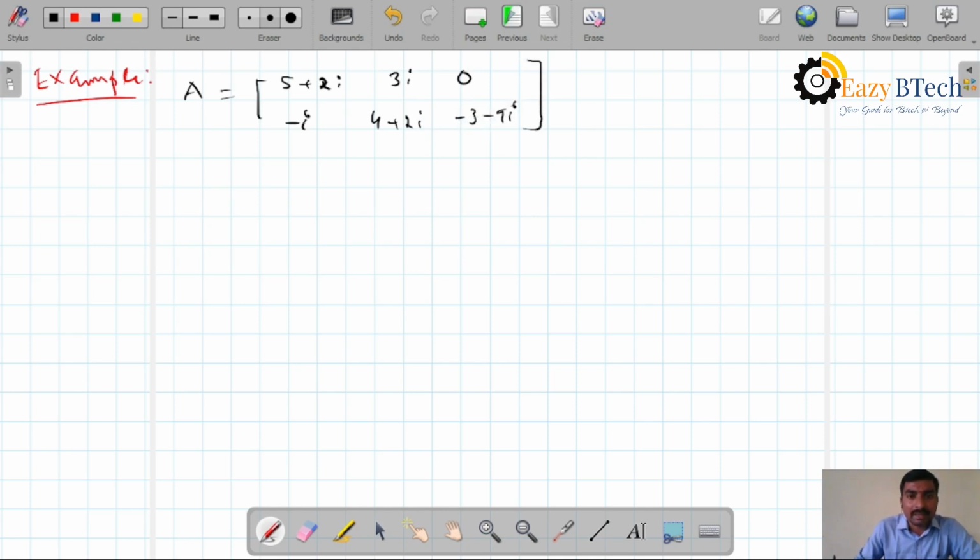This is the one matrix. Now I want to find the transpose of the conjugate of a square matrix.